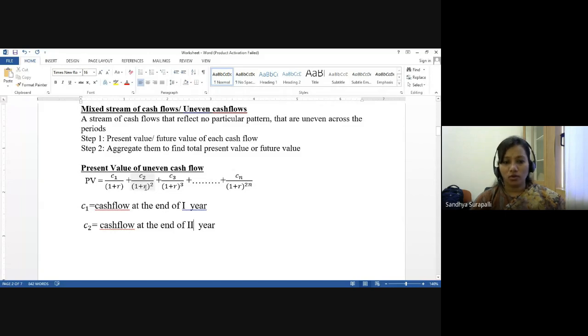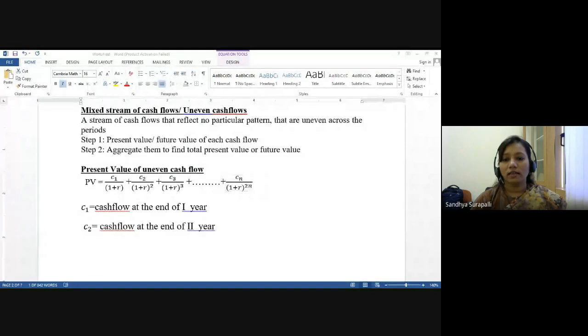And R, we know, is the interest rate. The first year means only one time, 1 plus R, that's all. For the second year, you will square it. That is compounding, which means you multiply it with itself. Third year, to the power 3. Like that, n means the total number of years for which you have the cash flows.